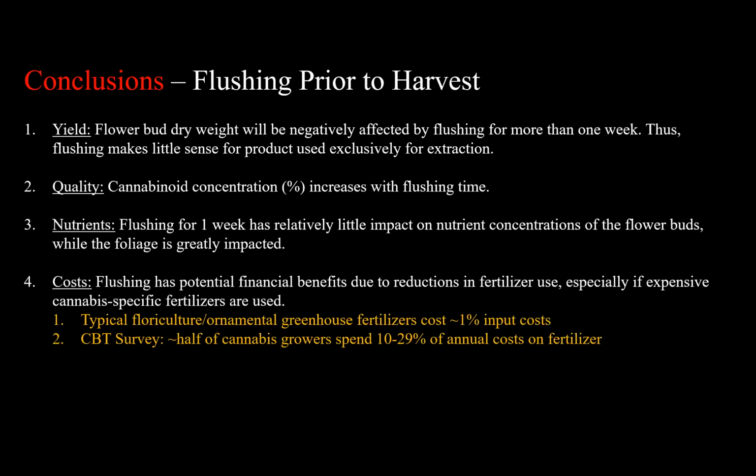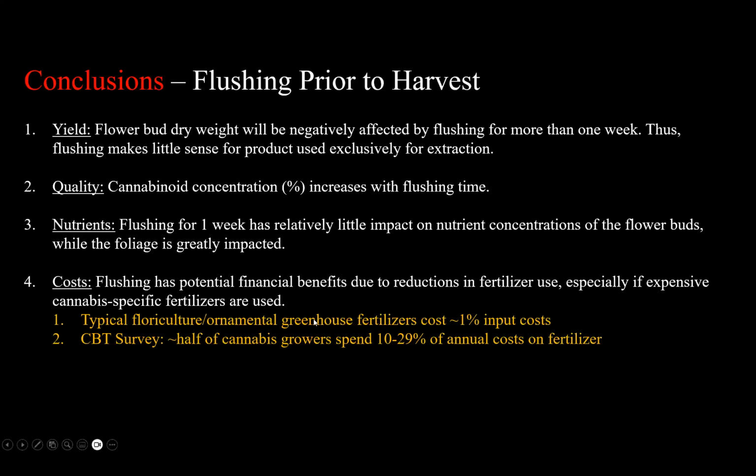So cost is an interesting thing to consider here when we talk about flushing, because when we're thinking about fertilizers with the cannabis industry, there are kind of two approaches. One is some growers take what I would consider the typical commercial floriculture ornamental greenhouse production fertilizer program, which is what we did in our study.